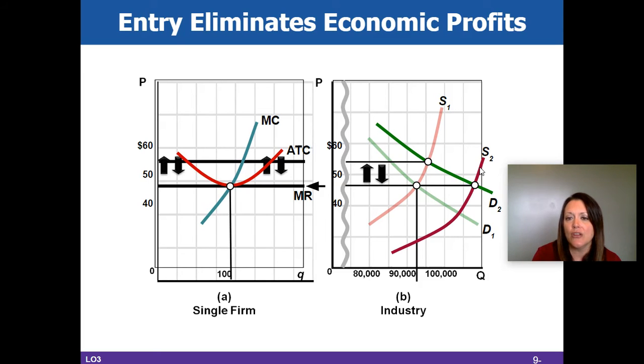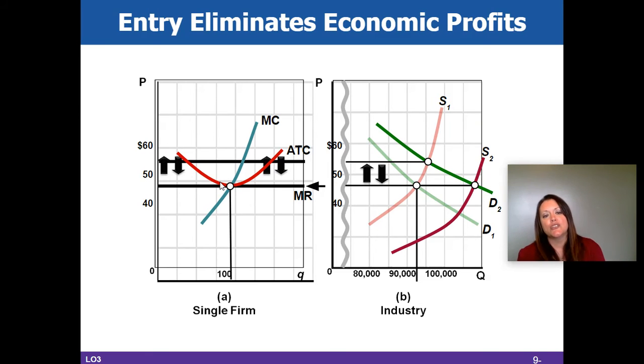And when our supply curve shifts to the right, our price goes down. So if this is our original price here, and businesses enter the market, our price goes down. When our price goes down, notice we are back at that original spot where we started.